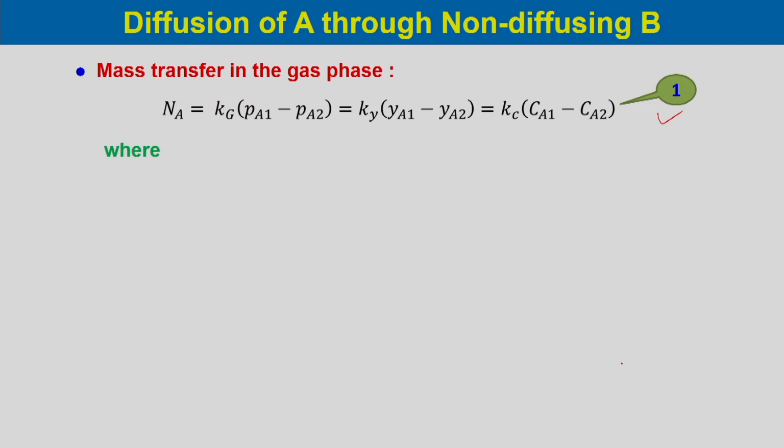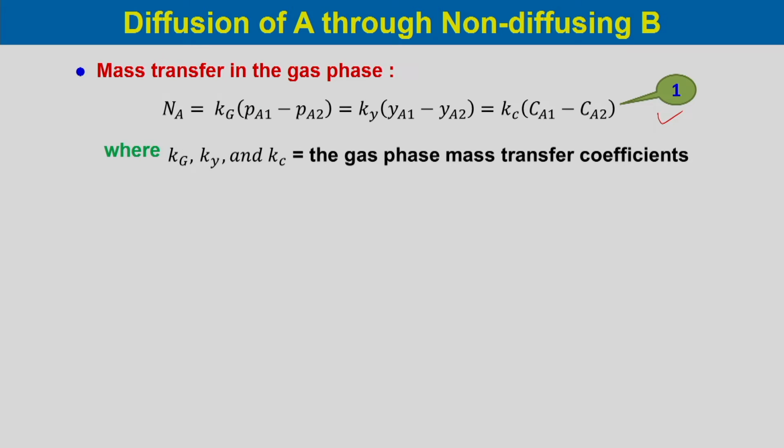In this case, kg, ky and kc are the gas phase mass transfer coefficients. Kg is used when we define the driving force in terms of the partial pressure difference. When we define the driving force in mole fraction unit, then it is ky, and when we define it in concentration unit, we define the mass transfer coefficient as kc.